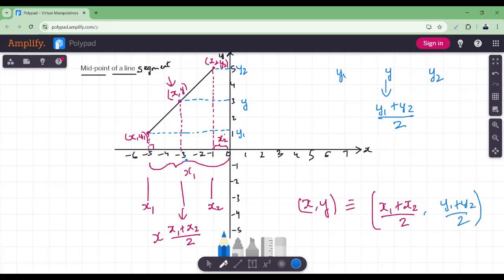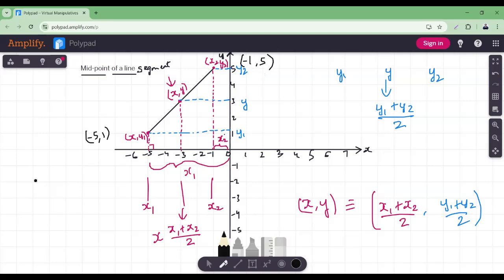In this case, what happens? My x1, y1 is -5 comma 1, and the x2, y2 is -1 comma 5.